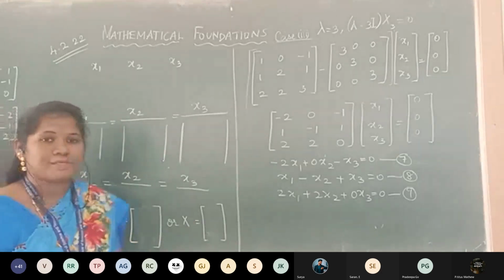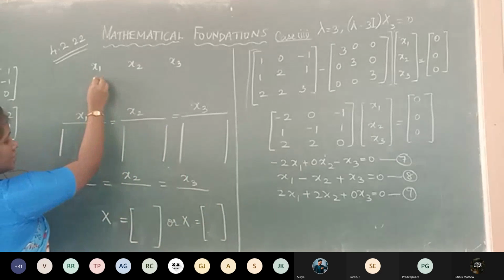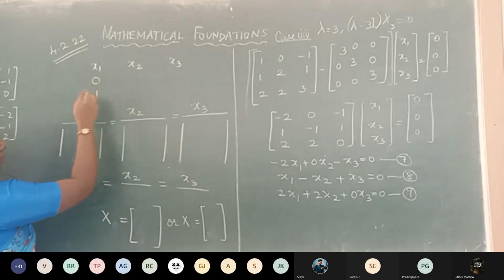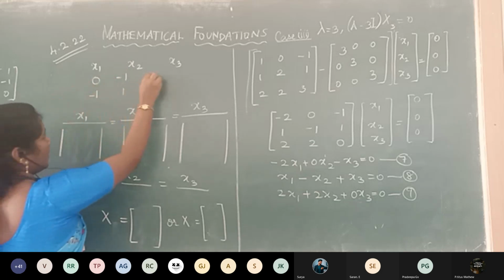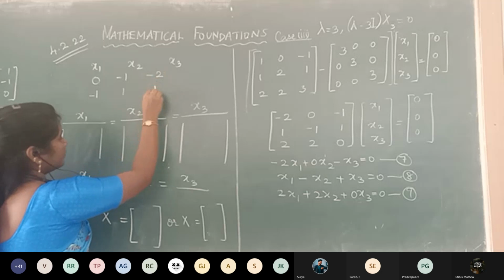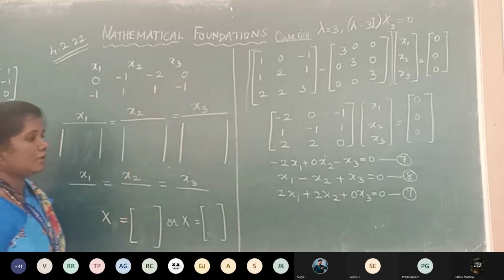So I will take your 7, 8 equation itself. In the 7, 8 equation, it is 0, minus 1, then minus 1, 1. Then you've got minus 2, 1, 0, minus 1. Okay.